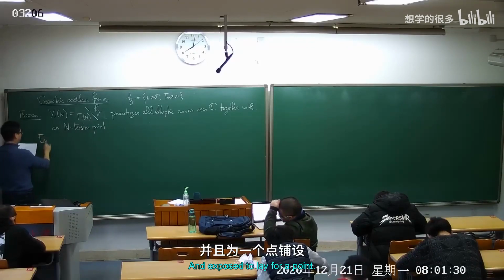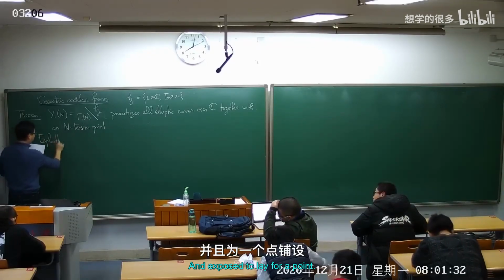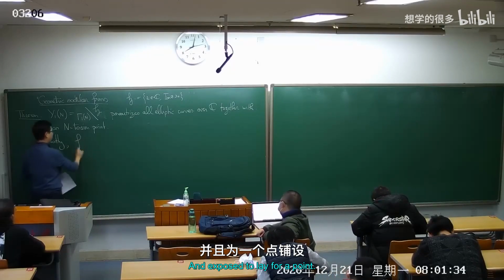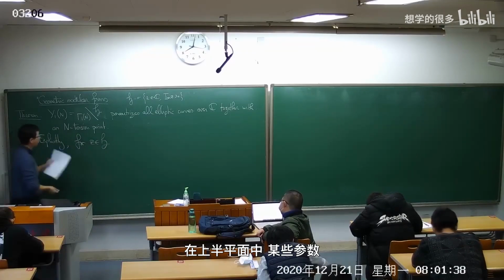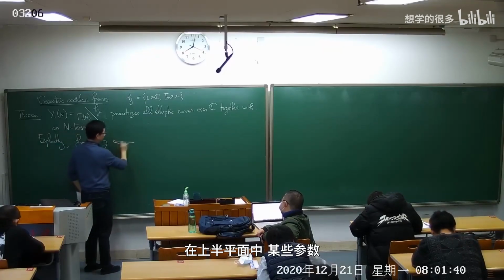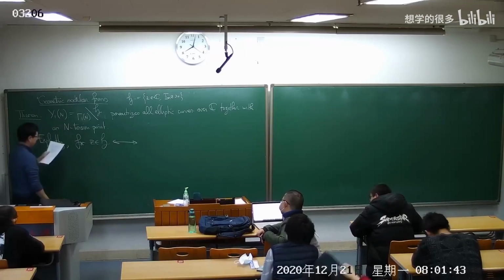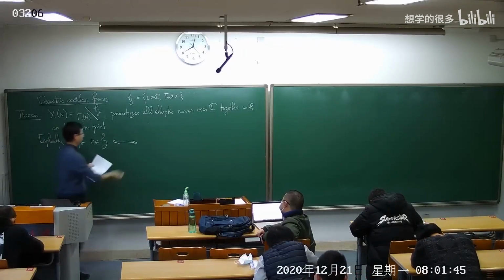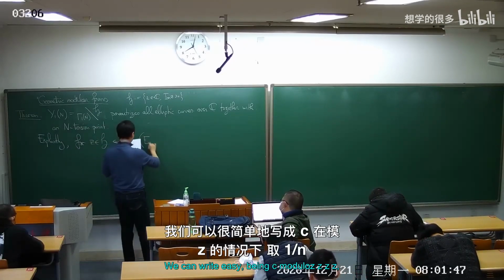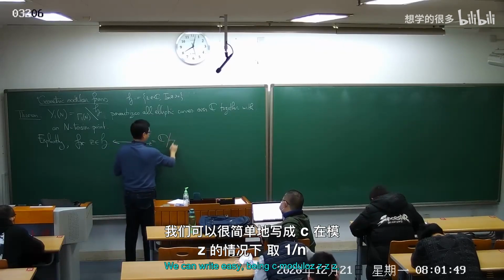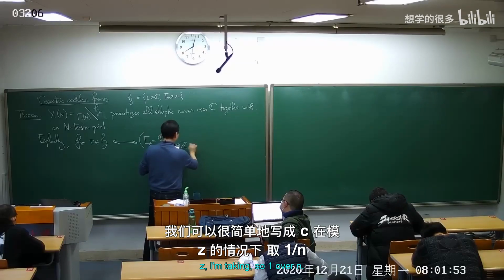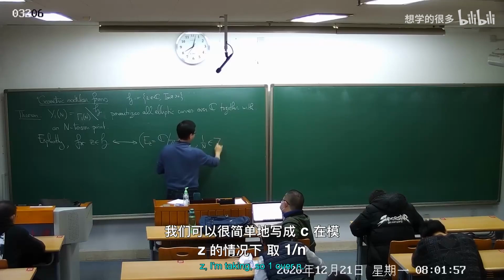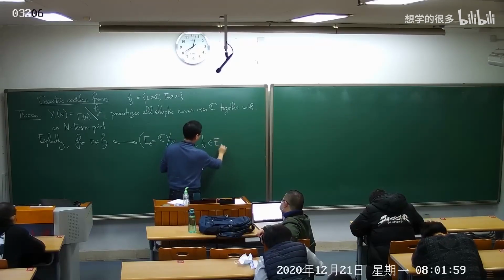And explicitly, for a point z in the upper half plane, the elliptic curve it parameterizes together with the n torsion point, which I write as E_z, is C modulo Z plus Zz, and taking 1 over n as the n torsion point.